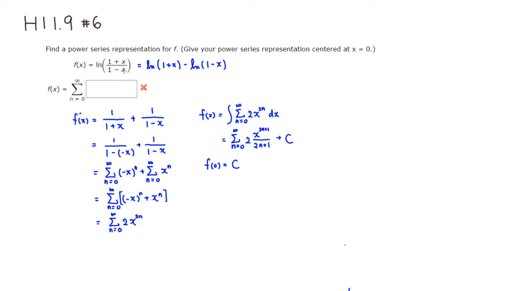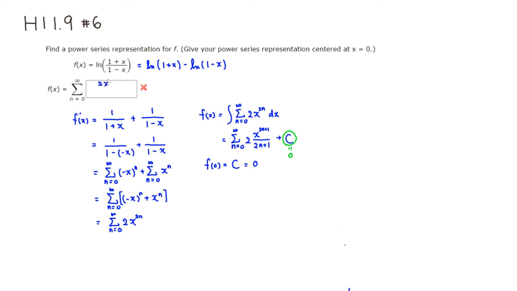If you plug in x equals 0, you get natural log of 1, which is 0. So we know that c is equal to 0. All right, so then we have a power series. I'm going to actually put 2 here.